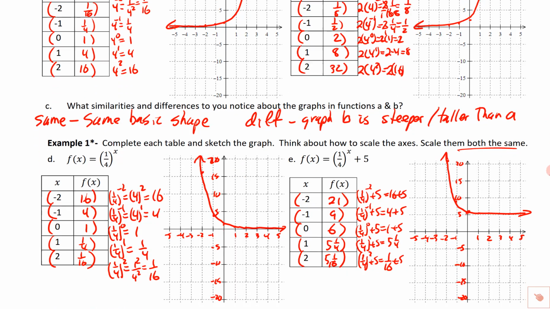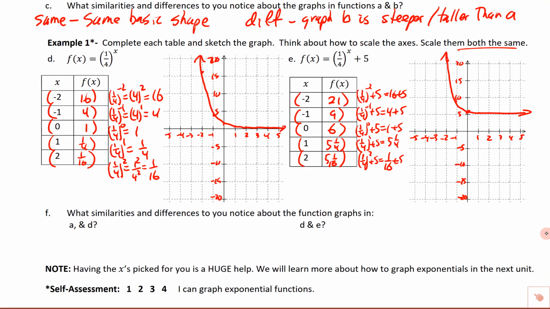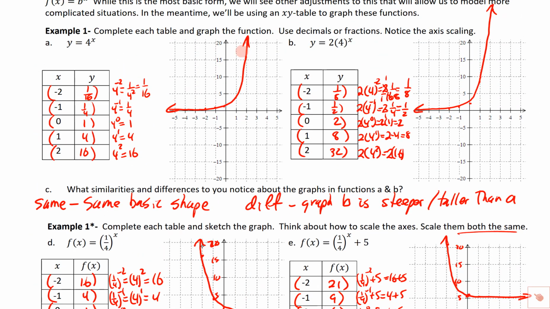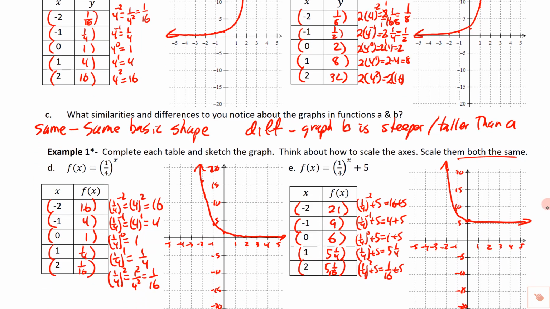So here's what we're going to say on the similarities and the differences. I'm going to go ahead and write down that they are the same because they have the same basic shape. Same basic shape for both of them. And the difference here is that one of them increases. One of them goes up. So this one up here went up from left to right, and this one right here goes down from left to right.